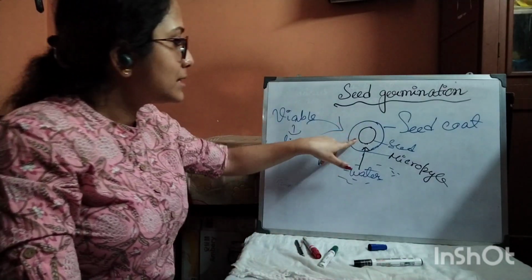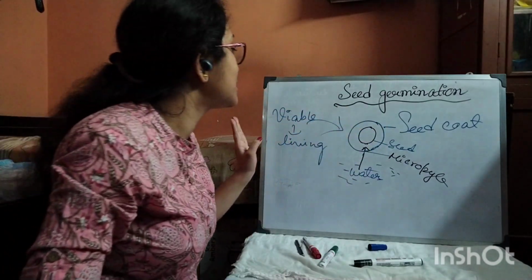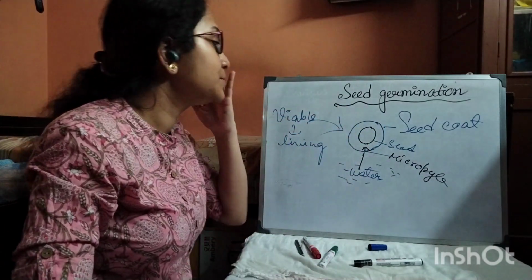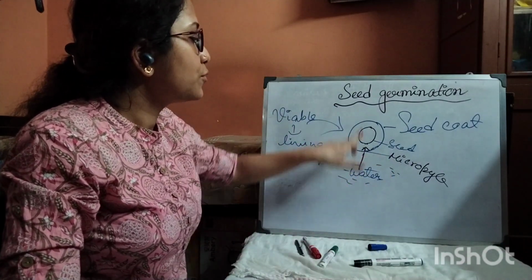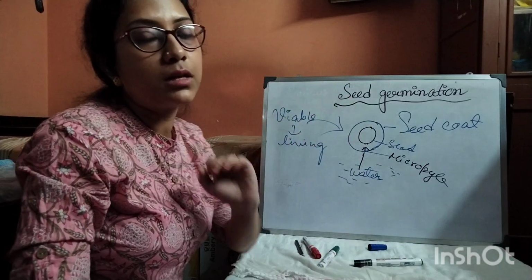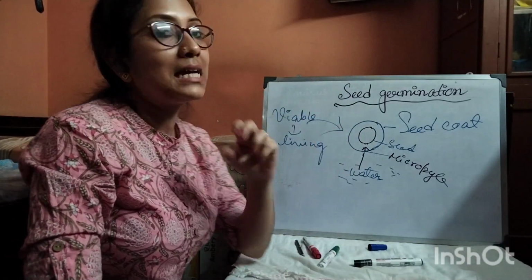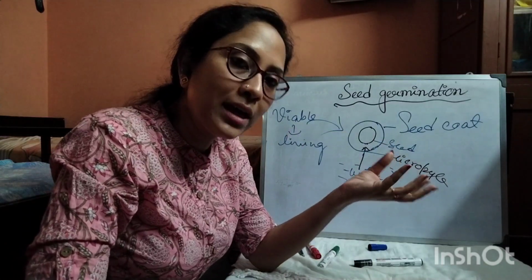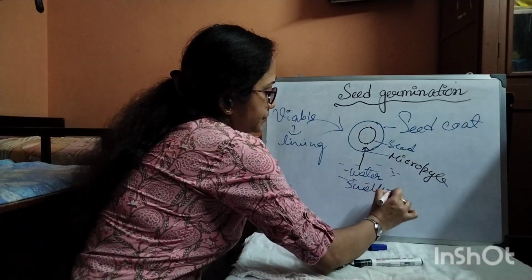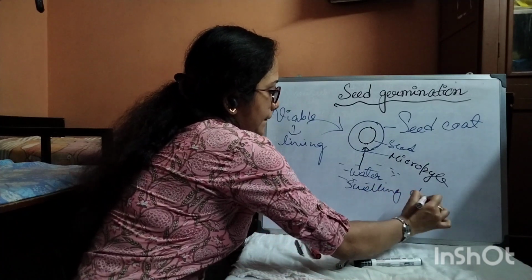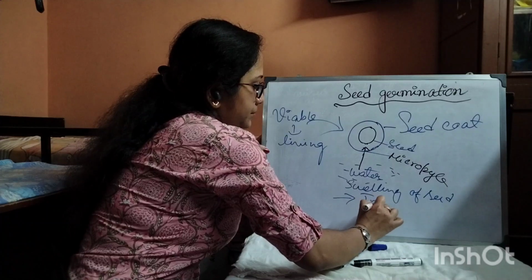Understood up to this? This is a seed, the outside covering is the seed coat. This is a live, or viable seed. This is the portion termed as micropyle, through which water from the outside environment will be continuously soaked up by the seed, and the seed will swell up. This swelling of the seed is termed as imbibition.